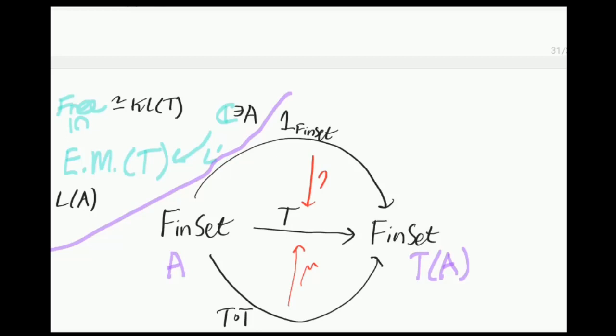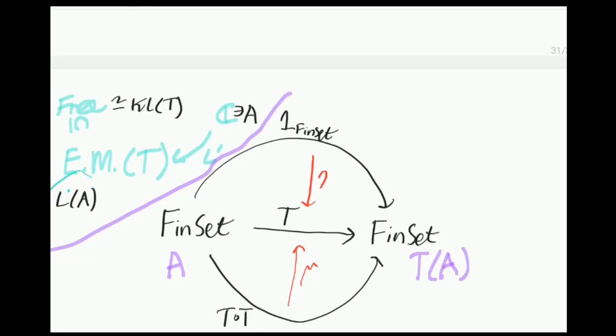Recall that we had this left and right adjoint between C and the Eilenberg-Moore category of T.